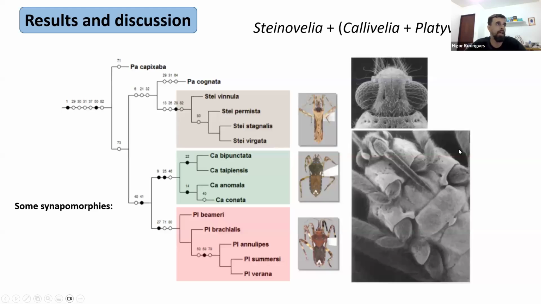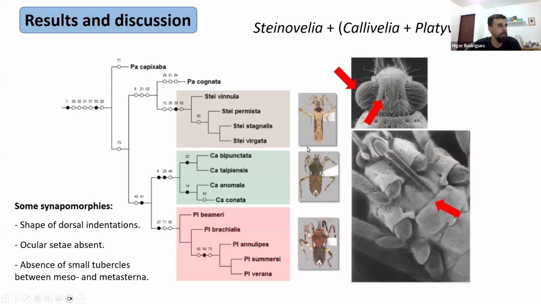Okay, first I will talk about some clades of the final topology. The first involves the relationships between the genera Calivelia and Platyvelia, which together form the sister group of Stenovelia. Some synapomorphies of this clade are the shape of dorsal indentations, ocular seta absent, and absence of small tubercles between the meso- and metasternum.